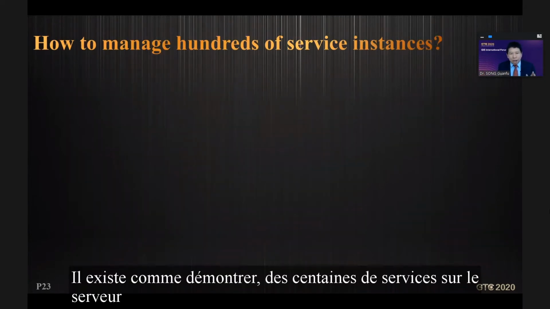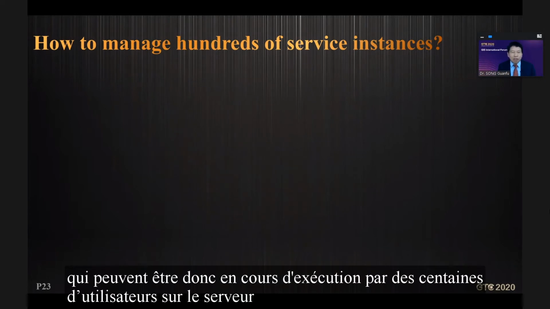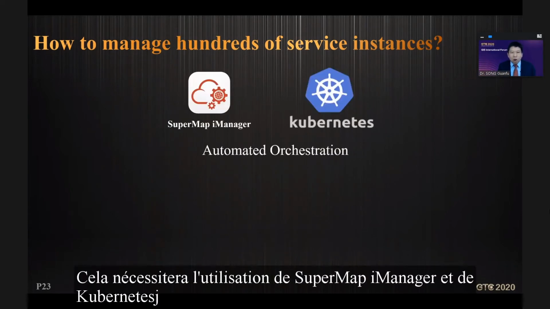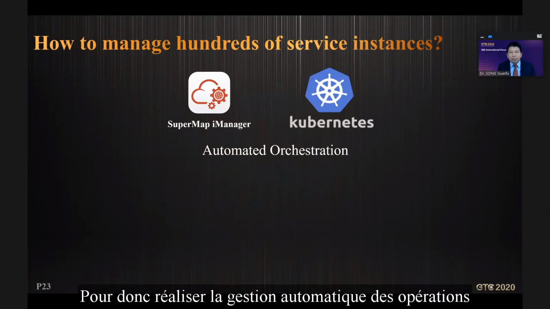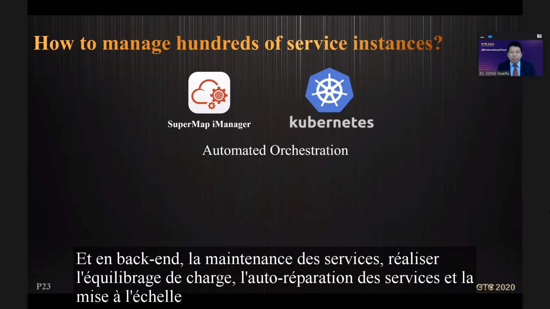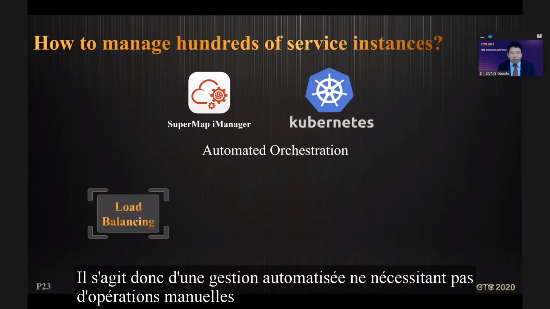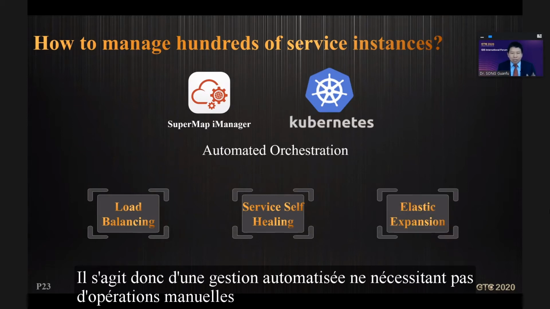How to manage hundreds of services running on the server? This requires the use of SuperMap iManager and Kubernetes to achieve automated deployment, operation and management of back-end services, realizing load balancing, service self-healing, and highly elastic scaling.